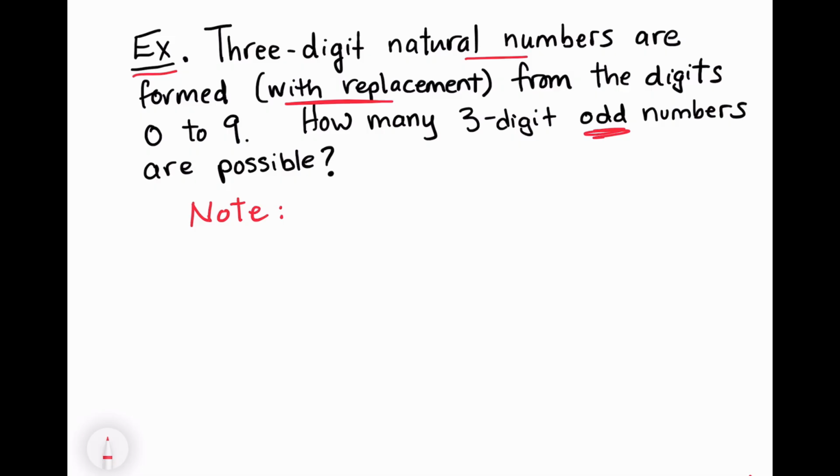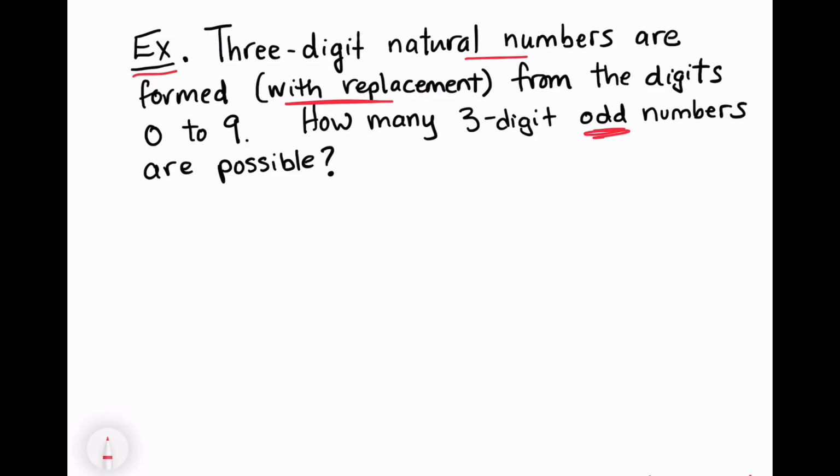So for example, we need numbers like 321, but I wouldn't count a number like, if we were to draw 0, 5, and 6, this would not be a 3-digit number because it's really just equal to 56. So we're looking essentially for numbers that are greater than 99, right?